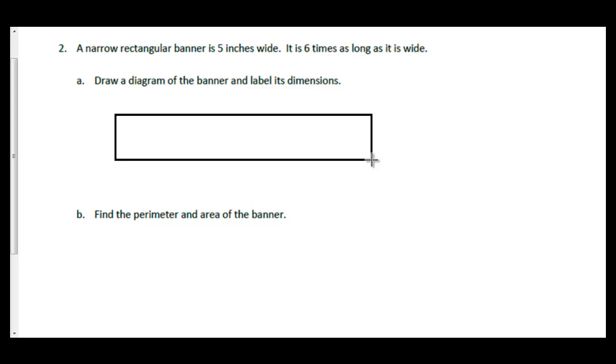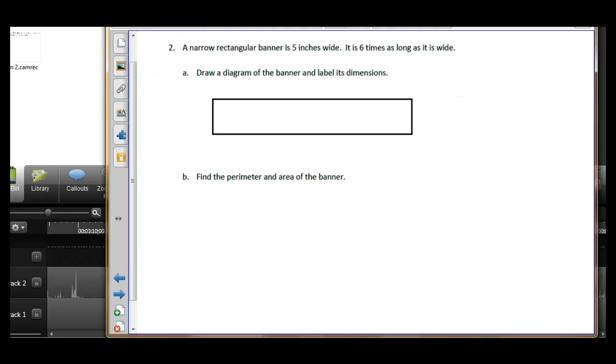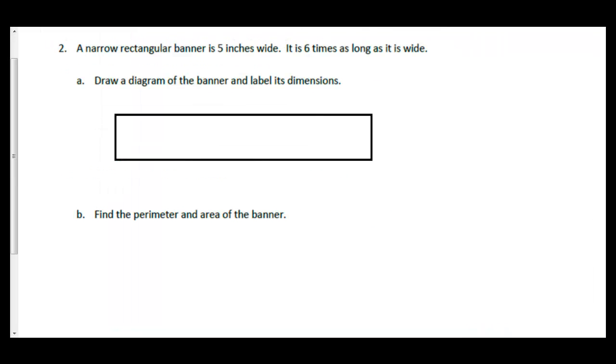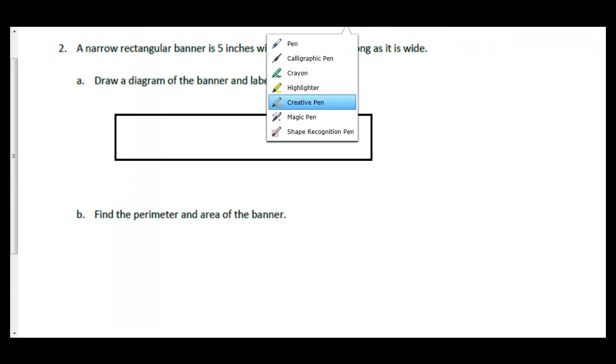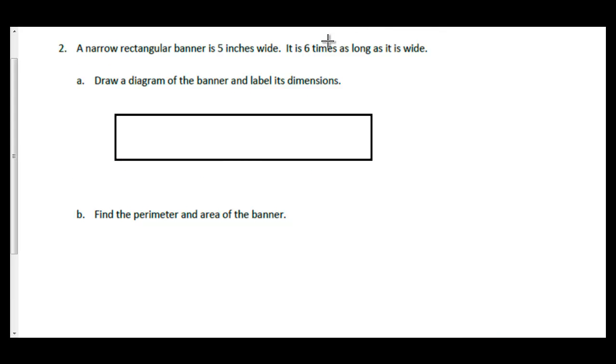Right now I'm going to start labeling this. I know that it is 5 inches wide, so I'm going to label this 5 inches. And it said that it is 6 times as long as it is wide, okay? So I'm going to have 6 5 inches.